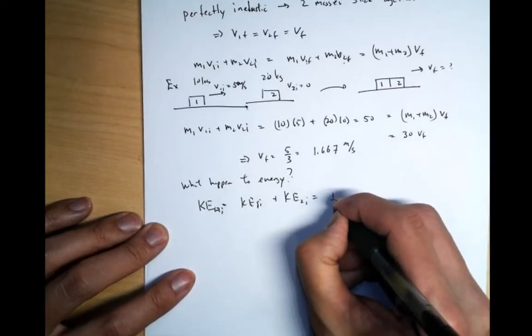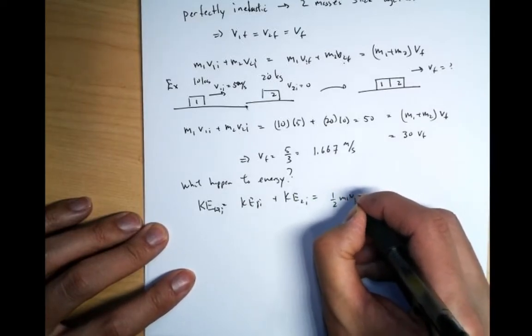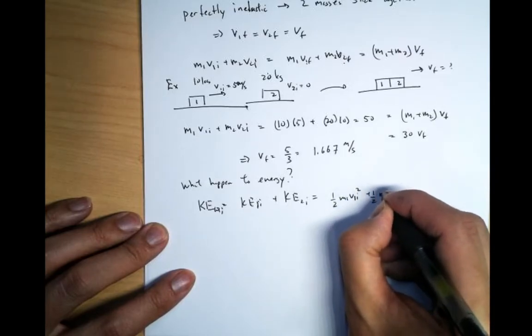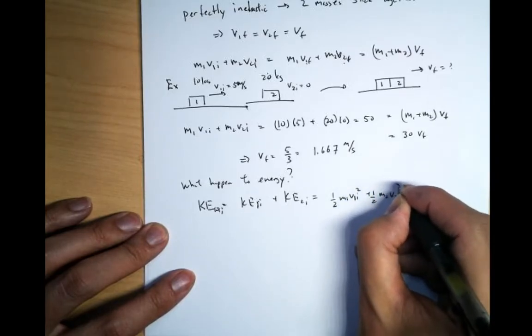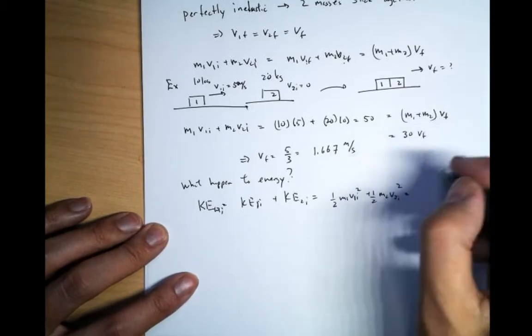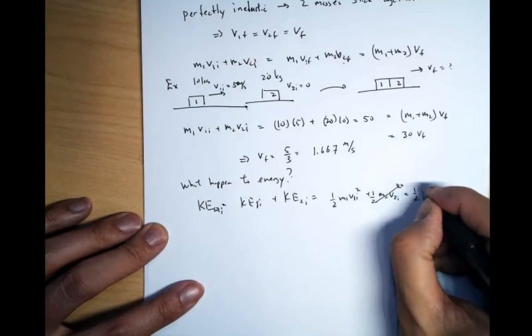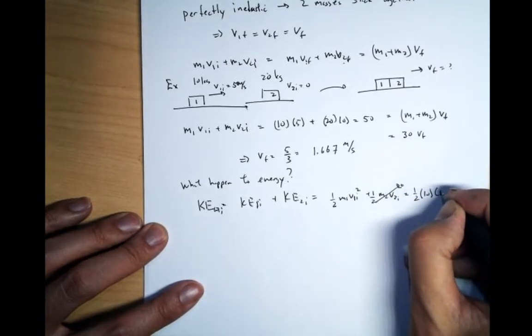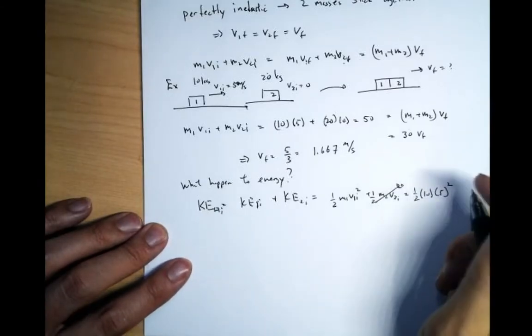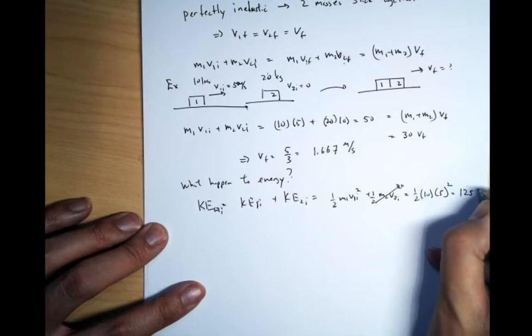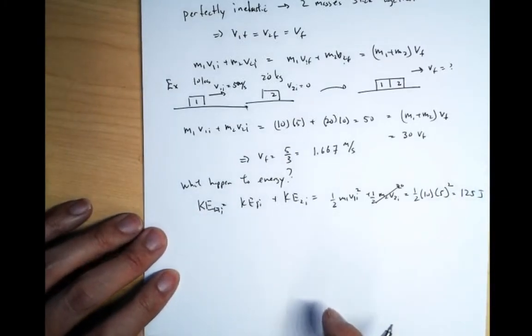So that's just 1/2 m1 v1i squared plus 1/2 m2 v2i squared. This was 0, so that's 0 naturally. This was 5, so it's 1/2 times 10 times 5 squared, which is 125 joules.